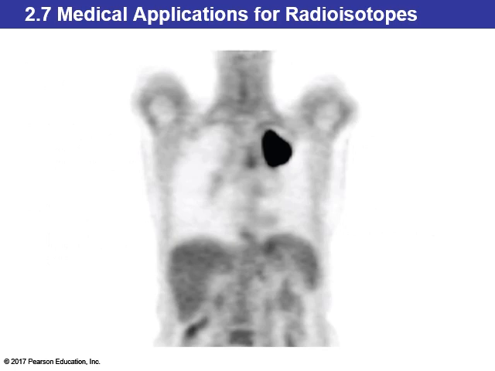Here's one example of a medical application of a radioisotope for imaging. They take xenon-133, and you can check this out in your book on page 67. Xenon-133 is a gas that can be inhaled into the lungs. It's a radioactive isotope, so you can inhale it and then take an image quickly. Any portion of the lung that is unable to take up that radioactive isotope is damaged somehow.